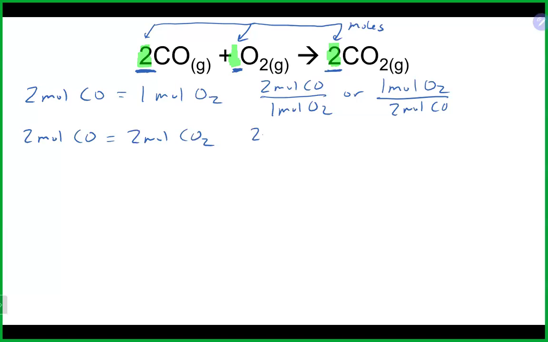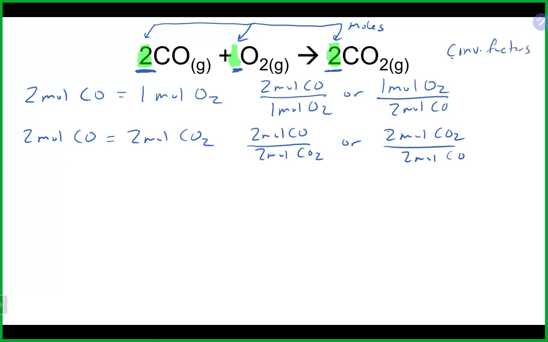I could have 2 moles of CO on top, 2 moles of CO2 on the bottom, or flip it around, 2 moles of CO2 over 2 moles of CO. So again, these are our conversion factors, and these are our equalities we could get from the equation.